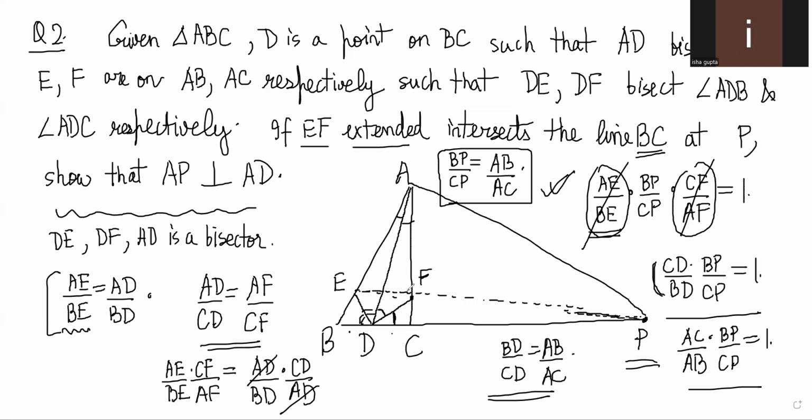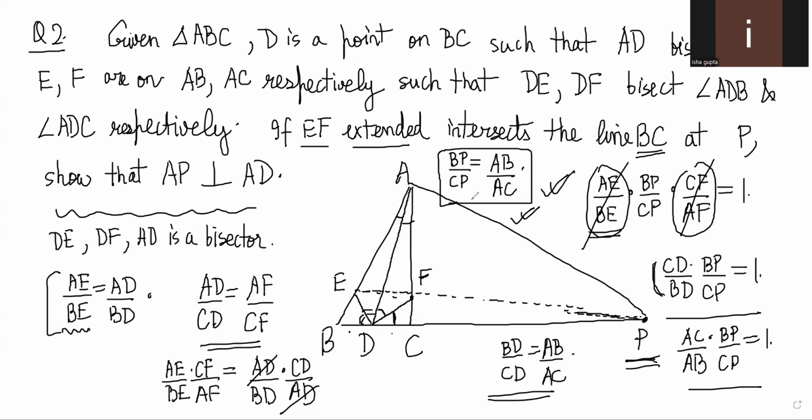Then that means, notice the same ratio, like P is again dividing the base in the ratio of BP by CP, right? So that just says that it's an external bisector, no? External angle bisector of BAC, right?